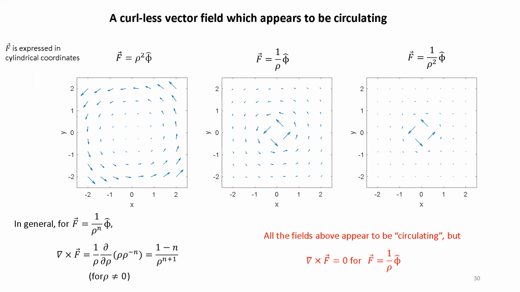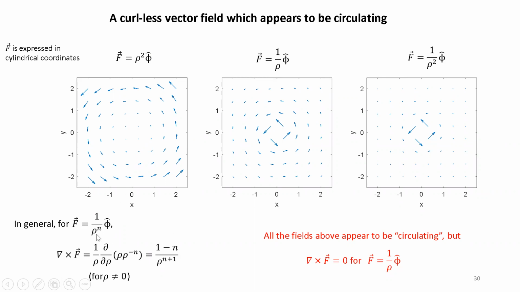Again, I'm going to make this general form F equals 1 divided by rho to the power n, where n is any positive or negative real number. So n equals minus 2 is this case, n equals 1 is this case, n equals 2 is this case. You can have n equal 4, n equal 5, and so on.